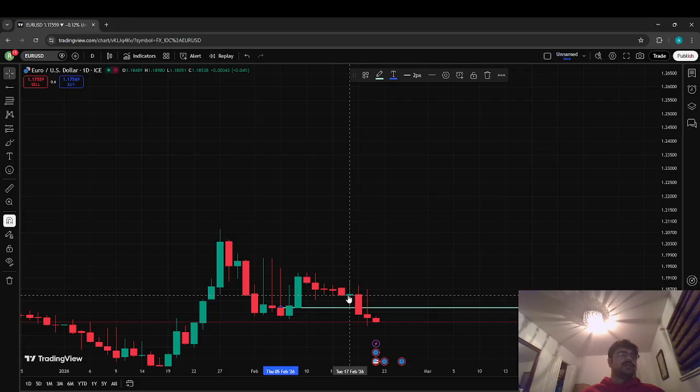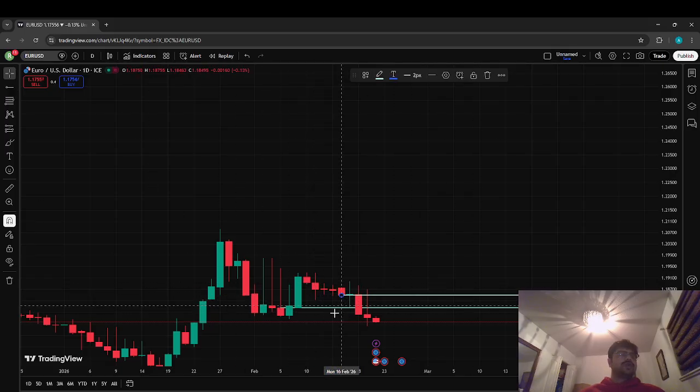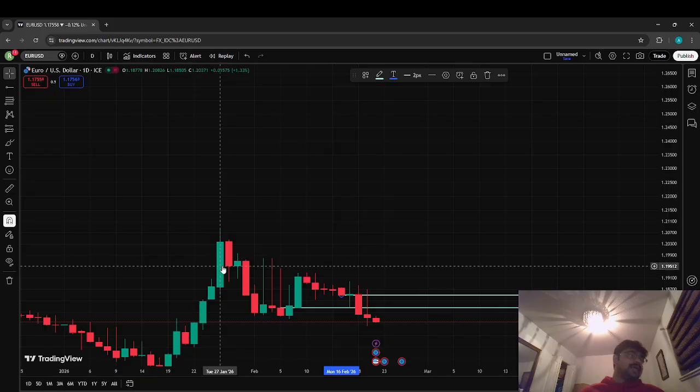As soon as this candle closed below here, because this is your newest candle. We're going to go at it one candlestick at a time from here, from the week of the daily of 27th Jan.